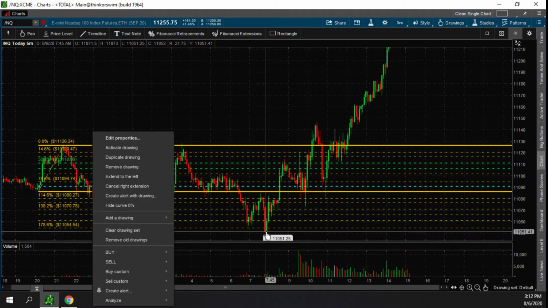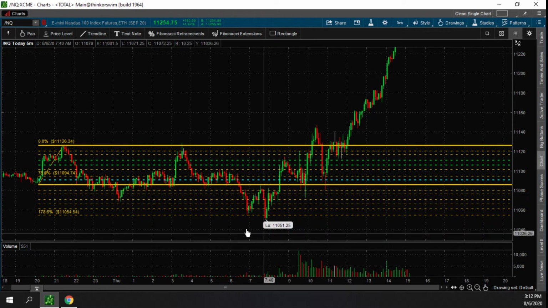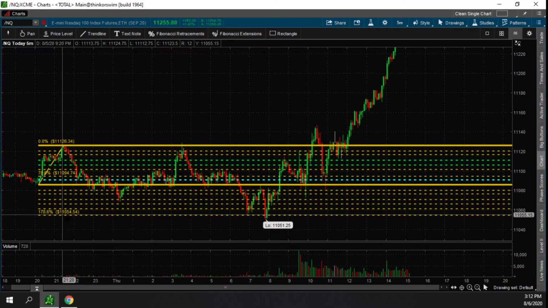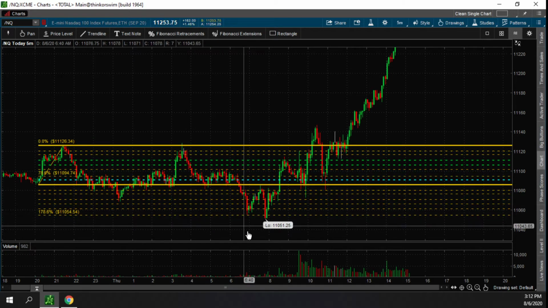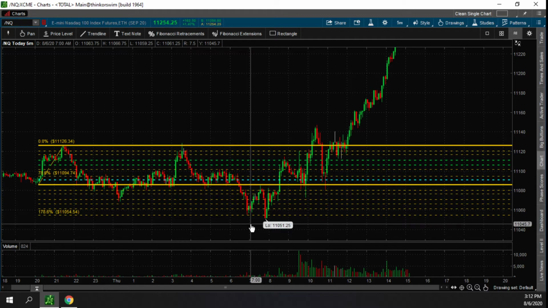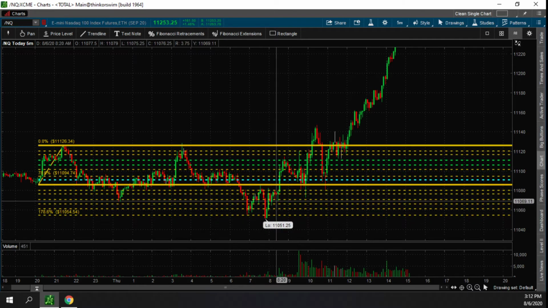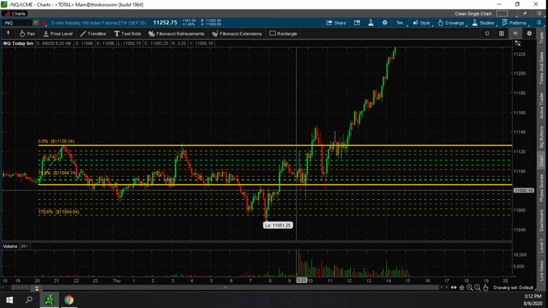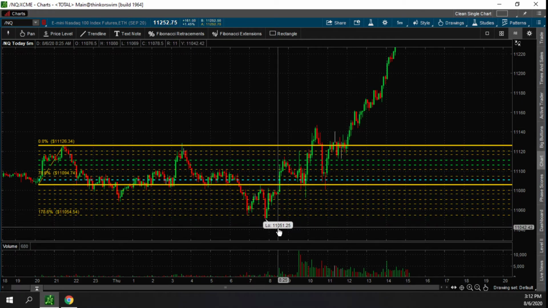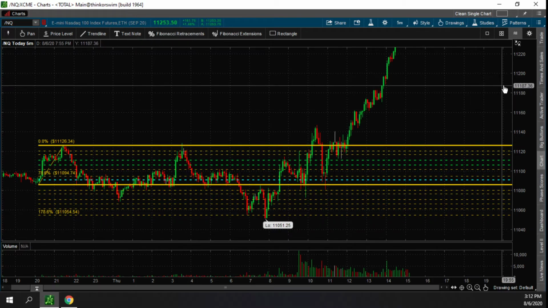If it goes below here, well then you might consider going long here at the bottom, and then go up, and put your stop a few points below this price here at the 178. Just put your stop down there at the bottom. If you get stopped out, take the stop loss, and then hopefully your trade will work out. And this trade would have worked out perfectly from 06, almost 200 points.